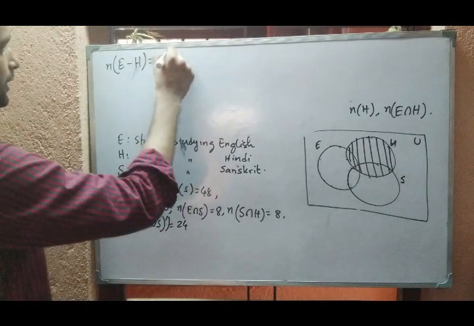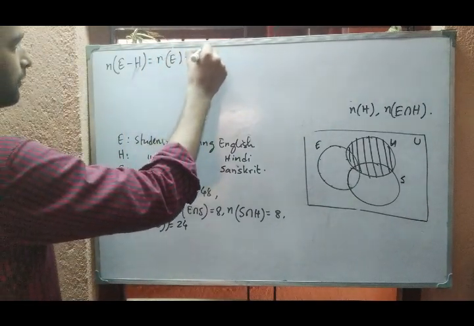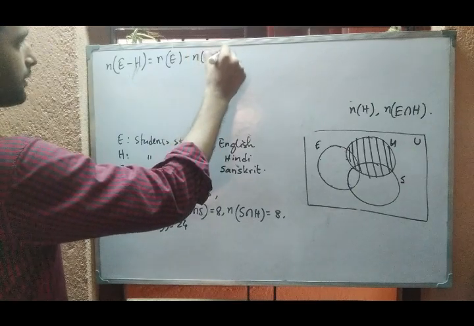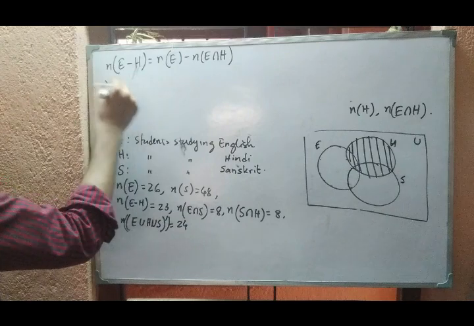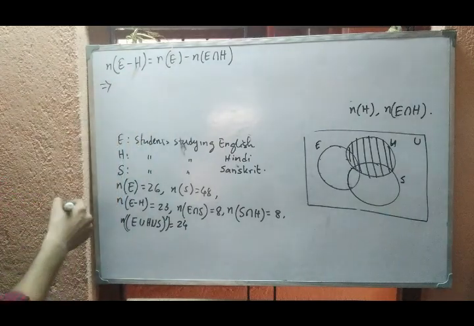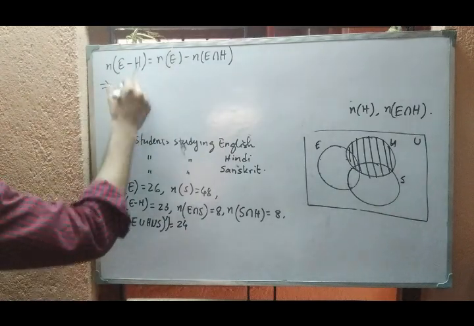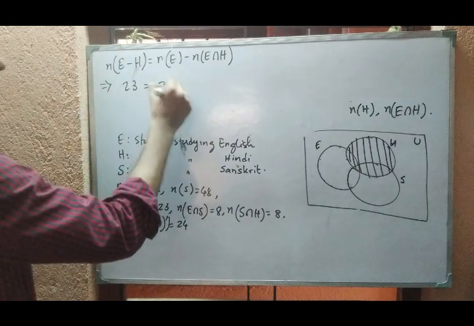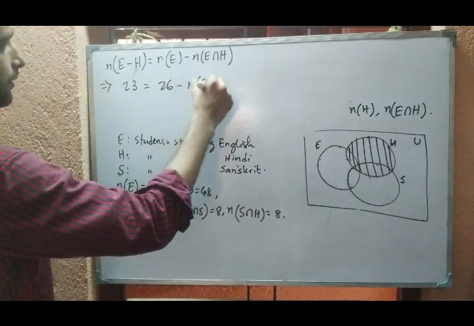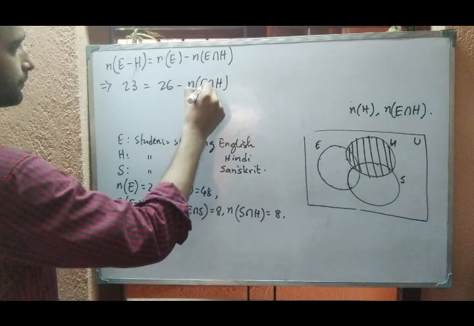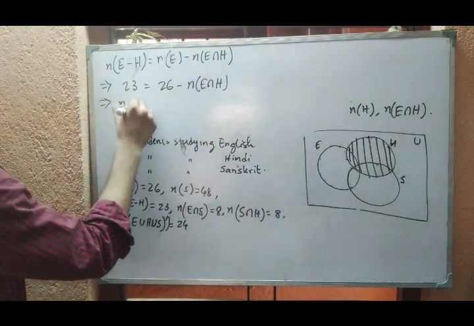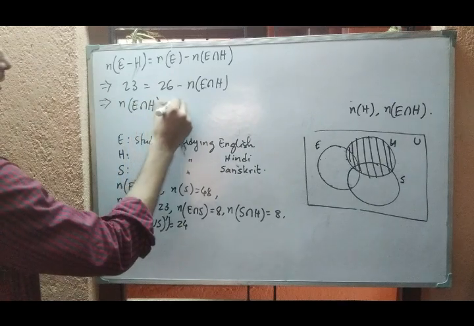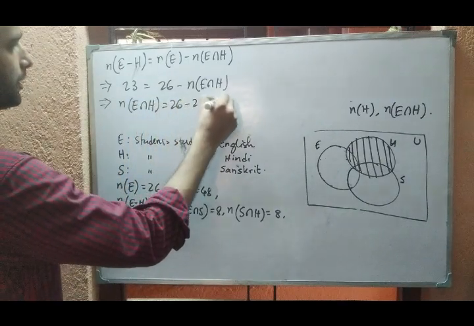The formula is n of E minus n of E intersection H. So from that you can easily find the intersection: it will be 23 here, 26 here. So then easily you can say that E intersection H is equal to 26 minus 23, that is 3.